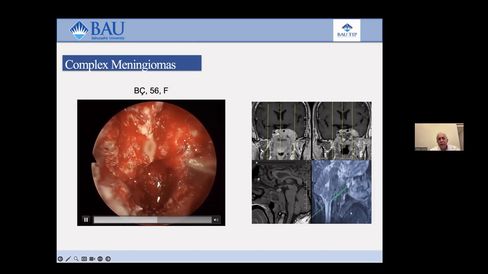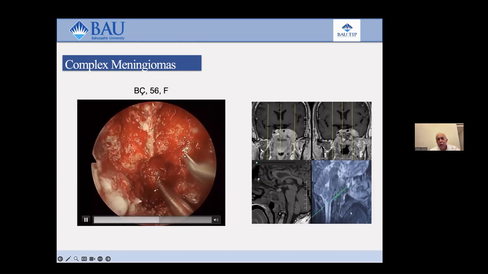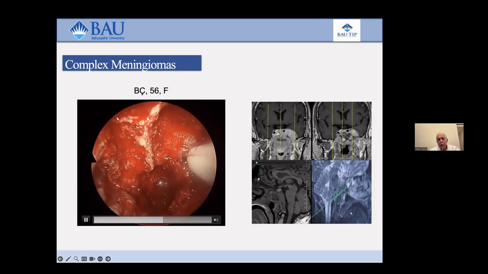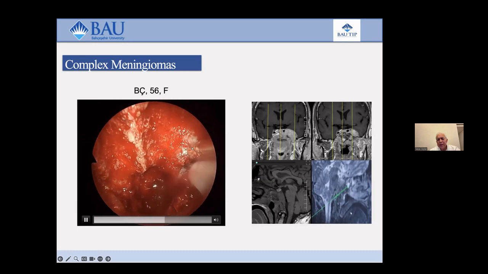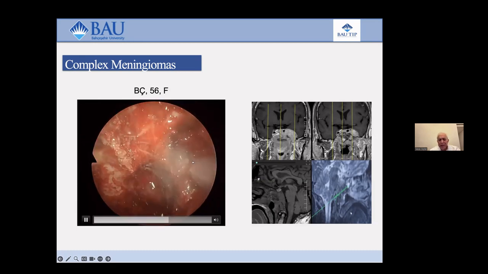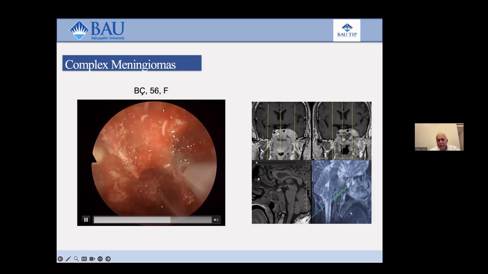You see, the cavernous sinus anterior wall was opened, and we continue with Doppler, and we enter the lateral compartment. A very firm tumor was resected with an ultrasonic aspirator.